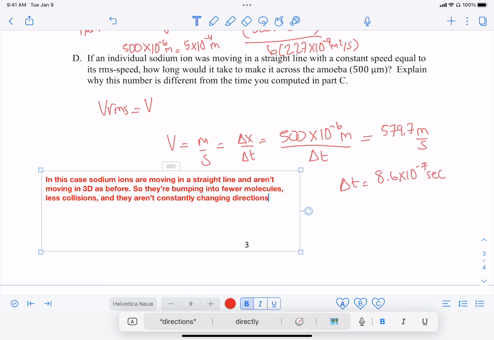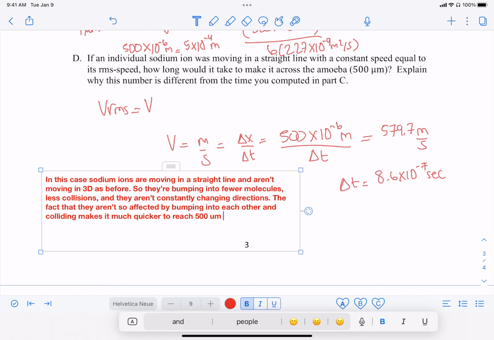So the fact that they aren't so affected by bumping into each other and colliding makes it much quicker to reach 500 micrometers in less time.